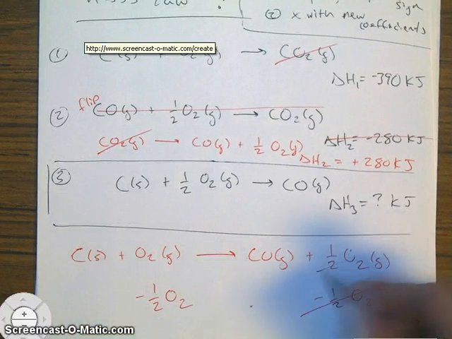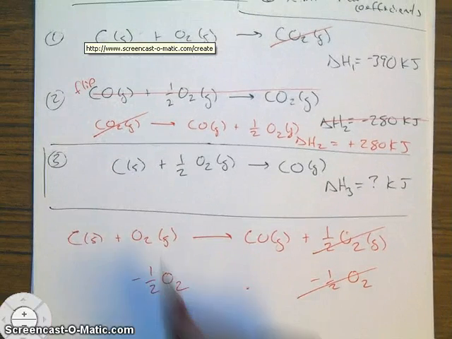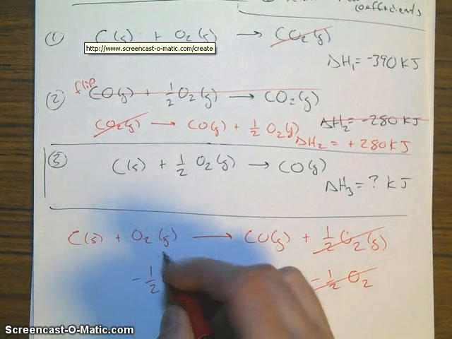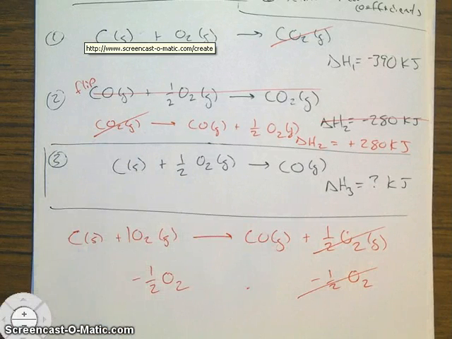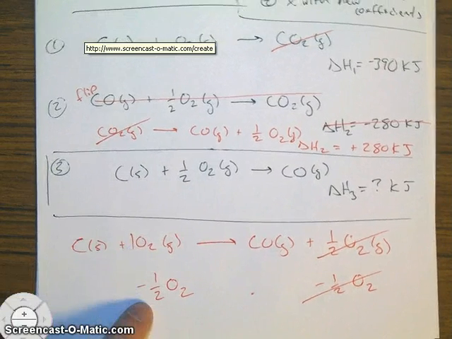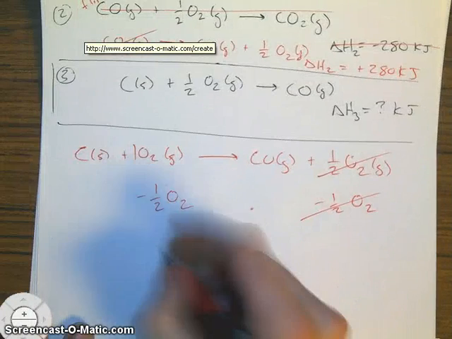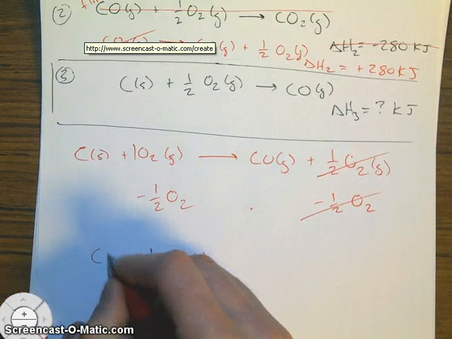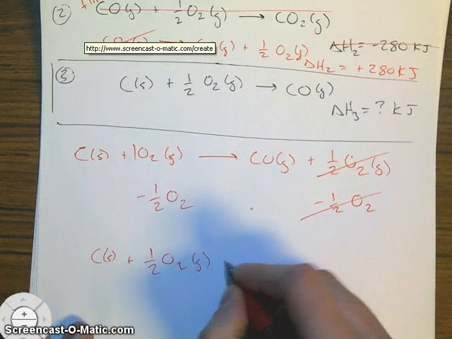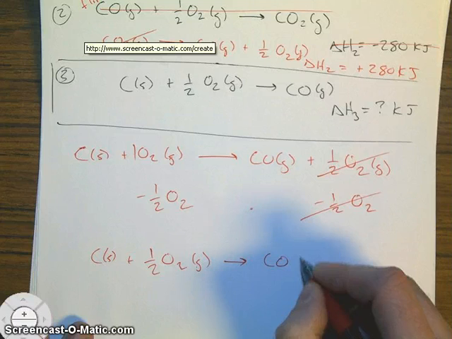This goes away, and remember, there's no number in chemistry in front of it for the coefficient. It's really just a 1, right? So 1 minus a half is equal to a half oxygen gas, solid carbon, producing carbon monoxide gas.